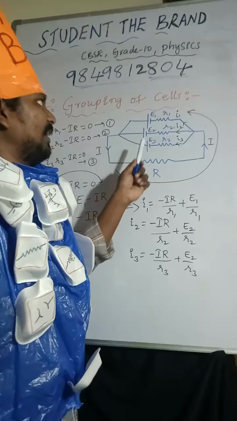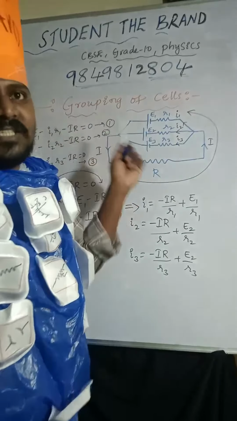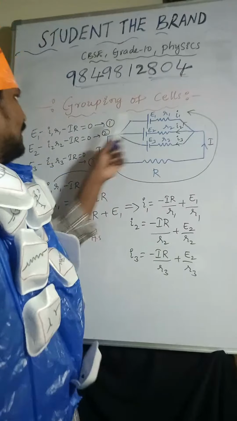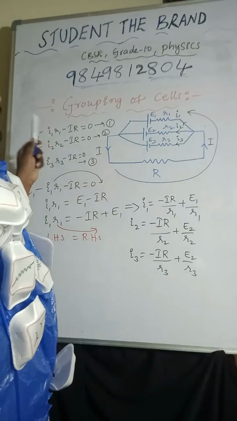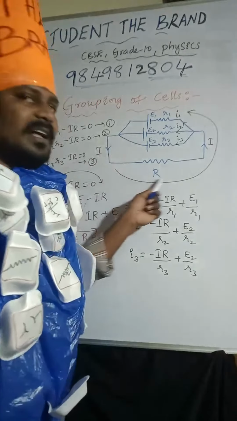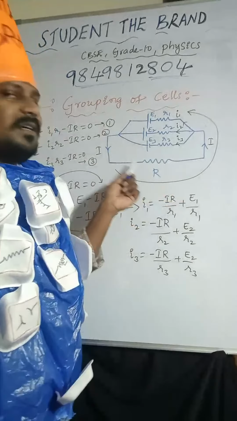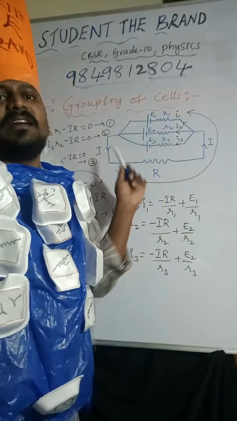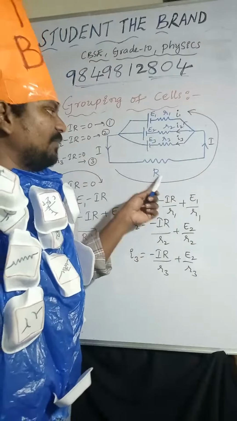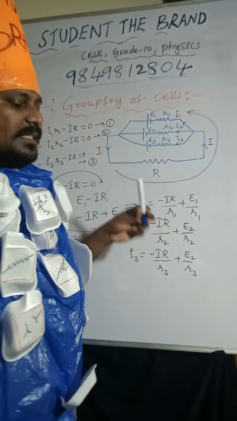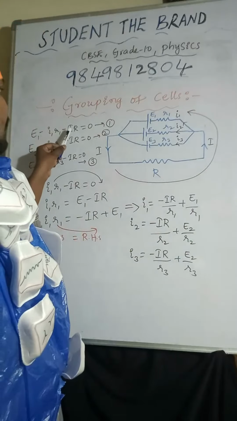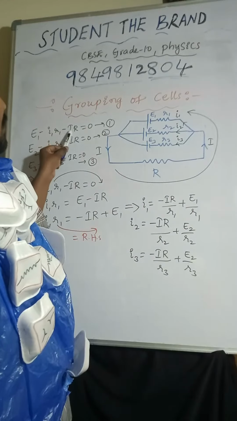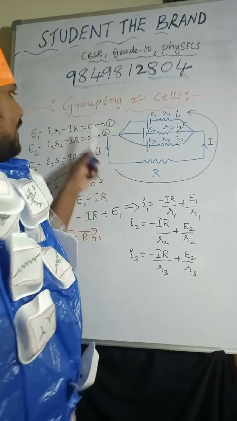The second point is that we are going through the resistor in the direction of current flowing. That's why it is minus I1 R1. At the same time, through the external resistor we are also moving in the same direction as the current, that's why the IR term is also negative. Total external resistance, that's why capital I into R. Sir, why are you taking capital I?